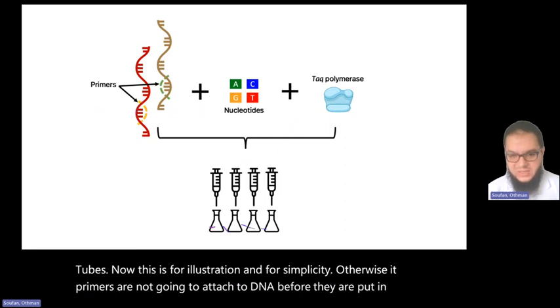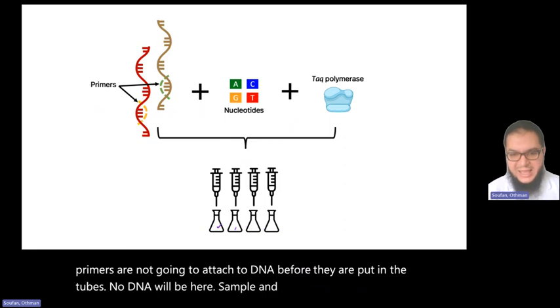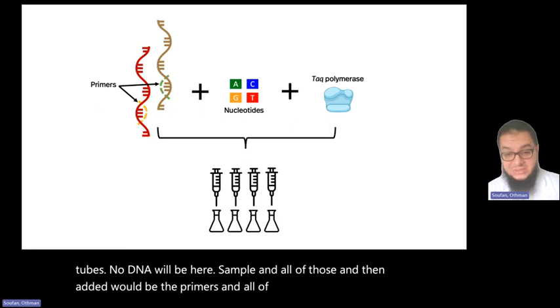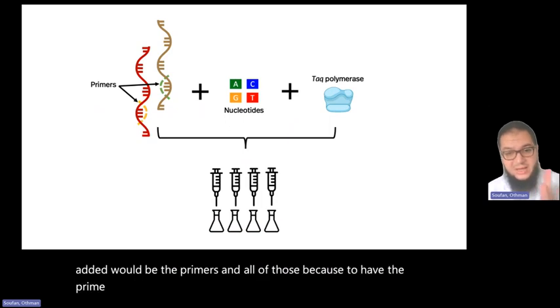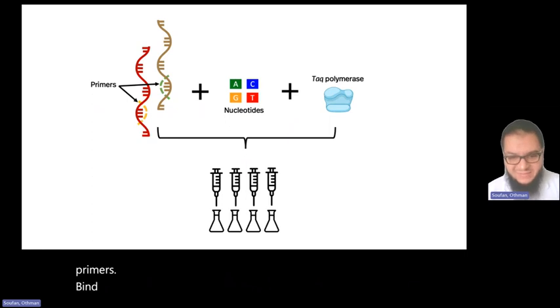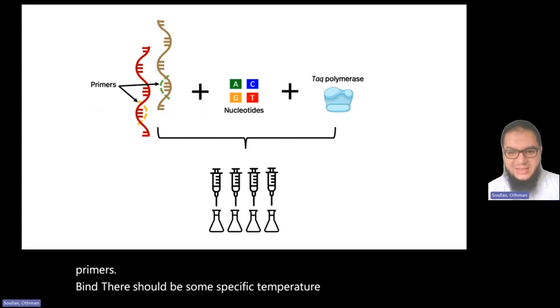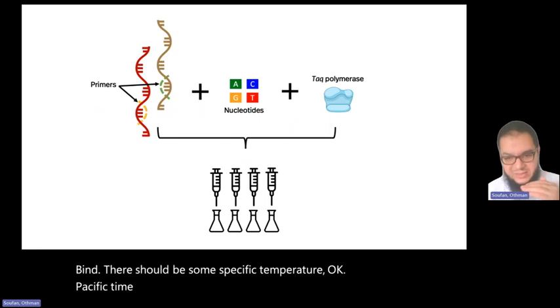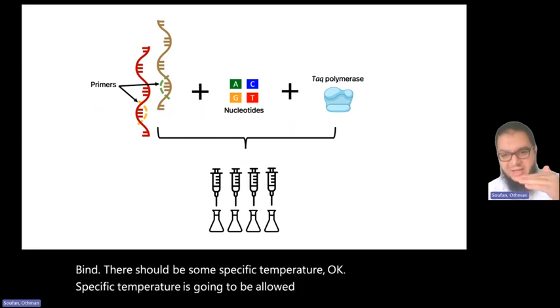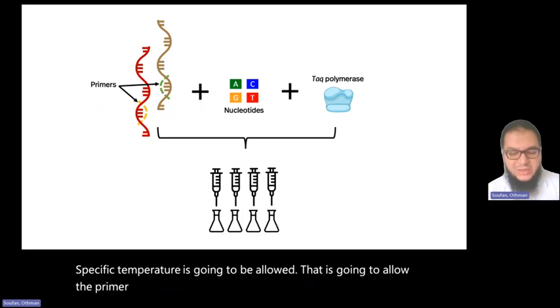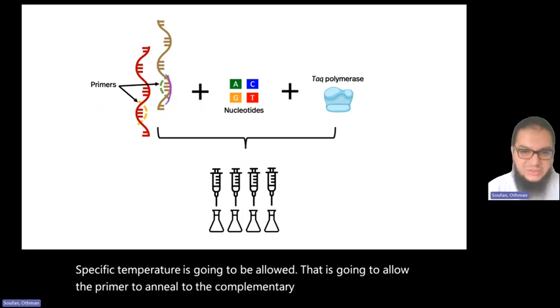DNA will be here, sample in all of those, and then added would be the primers in all of those, because for the primers to bind, there should be a specific temperature. That specific temperature is going to allow the primer to anneal to the complementary sequence of DNA.